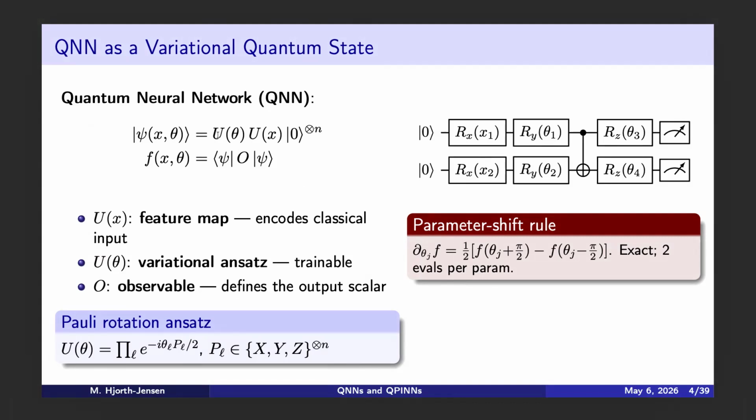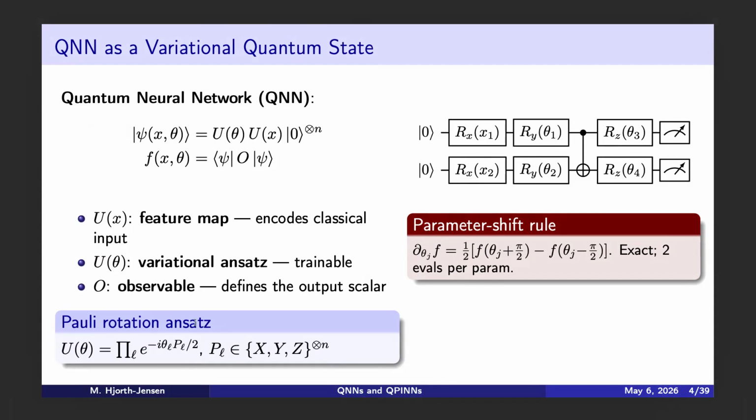But you will see that even with that small amount of qubits, our quantum neural network is going to do a better job with fewer parameters than a larger standard machine learning approach like a neural network. So there is a feature map, and then there is the variational ansatz, where we have the trainable parameters. And the variational ansatz contains a set of Pauli rotations, X, Y, Z, and you can make this as deep as you want.